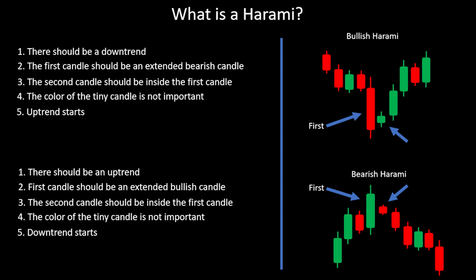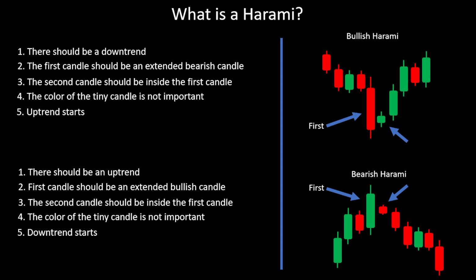For the bullish pattern, first condition is that there should be a downtrend because this pattern is a reversal pattern, and for bullish one it should happen at the end of a downtrend. Then the last candle of this downtrend should be an extended candle which has a very large candle size and more than 75% real body.